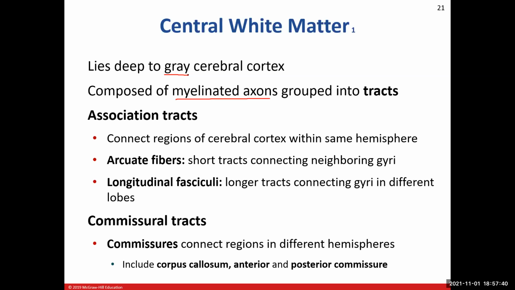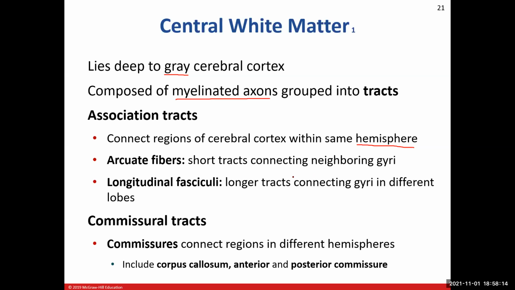The association tracts are going to connect certain regions in our cerebral cortex to other regions within the same hemisphere, which means it'll stay on the same side. So we have several lobes in the cerebral hemispheres, and there are two types of association fibers: the arcuate fibers and the longitudinal fibers.